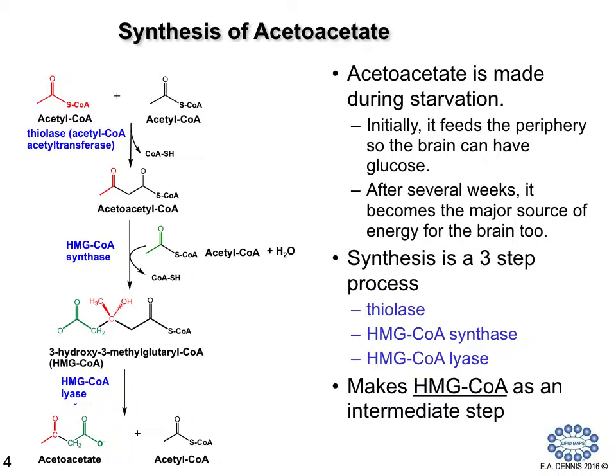Acetoacetate is made mainly during starvation conditions and involves three enzymes. Two acetyl-CoAs are condensed by an enzyme called thiolase to make acetoacetyl-CoA, and then a third acetyl-CoA is added by the enzyme HMG-CoA synthase, which stands for hydroxymethylglutaryl-CoA synthase.